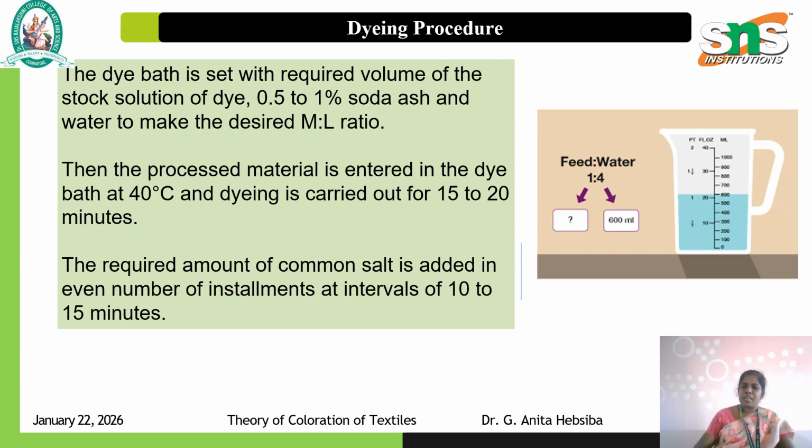Then the processed material is entered into the dye bath at 40 degrees Celsius and the dyeing is carried out for 15 to 20 minutes. Here you see it is 1 is to 4. That means 1 gram of fabric, 4 ml of water, right? 400 ml of water. And then the required amount of common salt is added, even in a number of installments at intervals of 10 to 15 minutes, for proper fixation and exhaustion throughout the dyeing process.